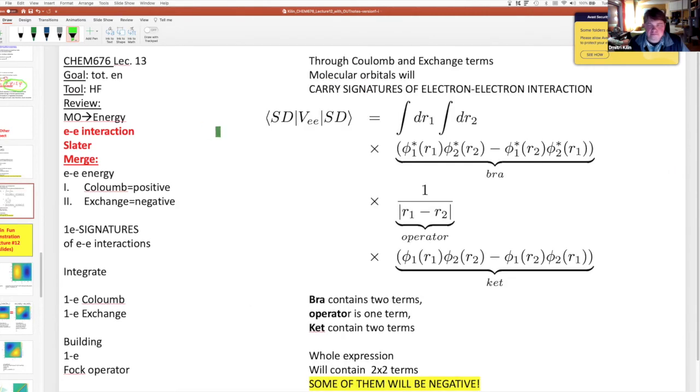So I will take again a 2 electron system, but now I do not want to be approximate. I want to use the exact Slater determinant. So if I already obtained 2 molecular orbitals, phi 1 for electron 1 and phi 2 for electron 2, then I have to combine them as an antisymmetric product. And I use it as bra and ket, ket without stars and bra with stars.